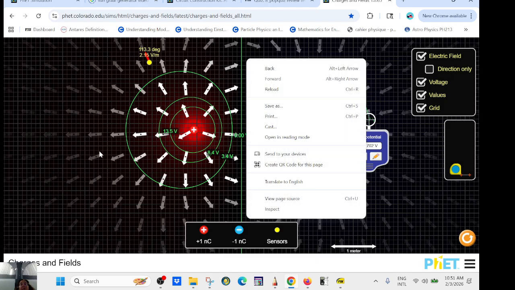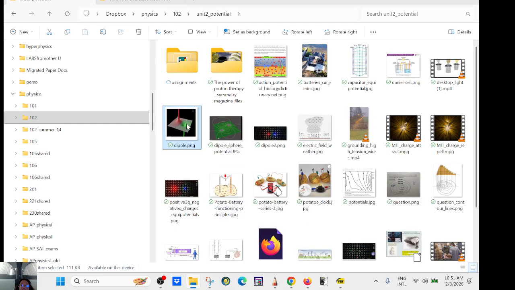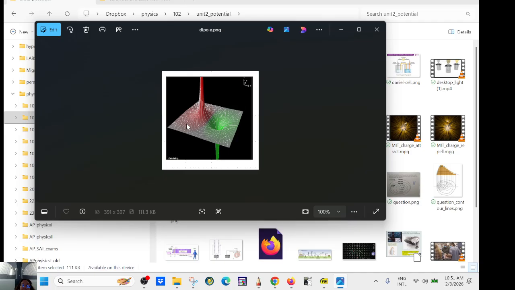Now, from very far away, remember the electric field goes down as 1 over the distance cubed. So that's why you have this picture here. If you have a dipole, up and then it goes down. So if you have a positive charge here, it wants to go down, down, down. And this is far away.